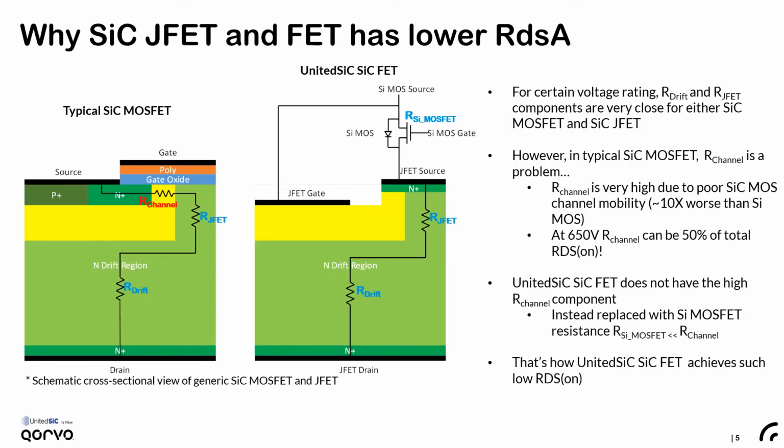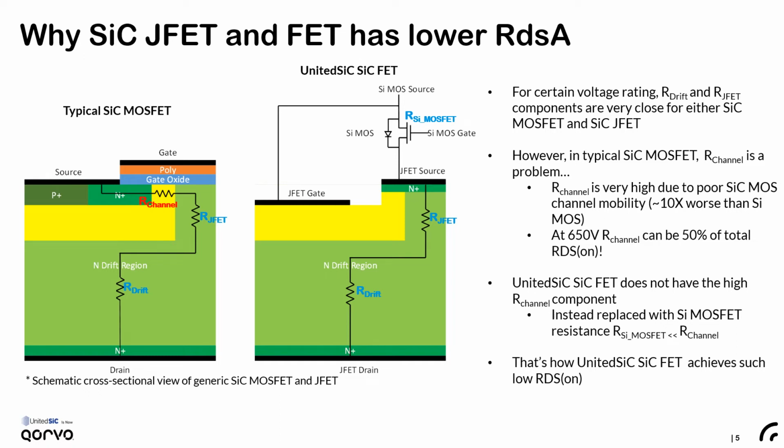With the understanding of cascode operation, we can now explain why silicon carbide FET has low RdsA. The left chart shows the cross-section for the silicon carbide MOSFET, and the right chart shows the silicon carbide FET in cascode structure. As we can see, silicon carbide MOSFET has a channel resistance which does not exist in the silicon carbide trench JFET. Instead, the channel resistance is replaced by a low-voltage silicon MOSFET.